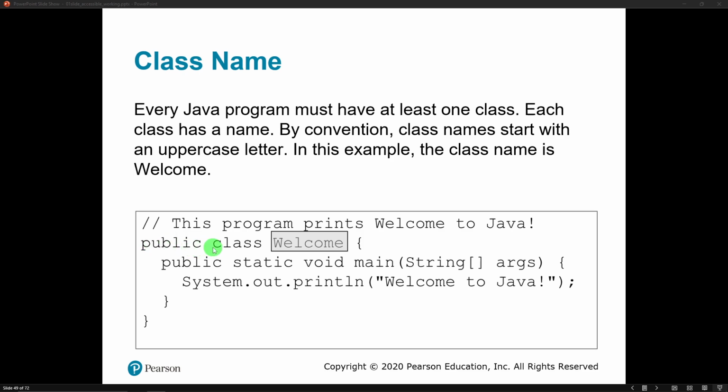So public class, and the class is called welcome. And welcome starts with an uppercase letter. By convention means we always name classes with uppercase. If there is more than one word in the class name, each word gets uppercase for the initial letter, and the rest is lowercase.